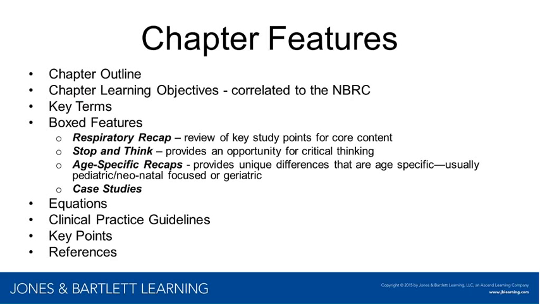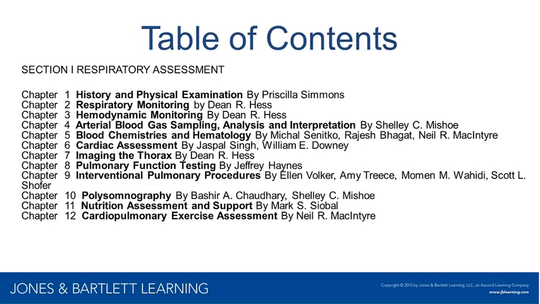So I'm going to talk a little bit about each of those in a little bit more detail and perhaps give you some examples so you could take a look at them and see how we've implemented them in the book. The next slide, there's a series of slides now that talk about the table of contents, and I wanted to set the stage by telling you that we organized the book into 5 different sections.